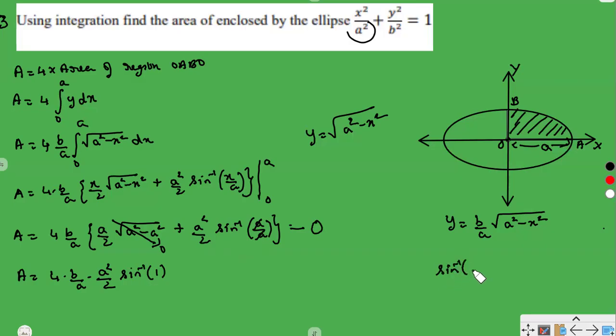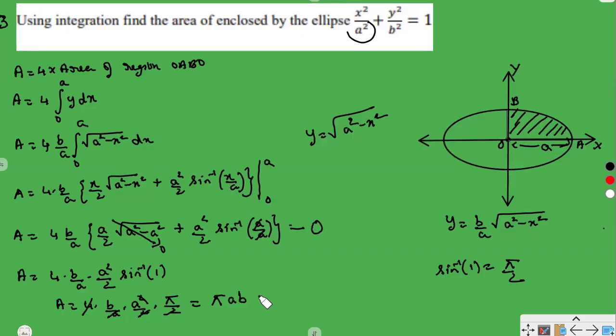Sine inverse 1 is pi by 2, that is 90 degrees. So A equals 4 into b by a into a square by 2 into pi by 2. Now cancel this, which can be written as pi into ab. This is the area of the ellipse.